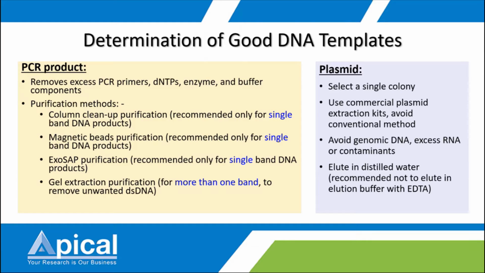For plasmid samples, the important thing to remember is to select a single colony, to avoid any satellite colony. Satellite colonies may form when you over-incubate your cloning plate. So try to avoid over-incubation, avoid satellite colonies, and make sure you pick a single colony for plasmid extraction.